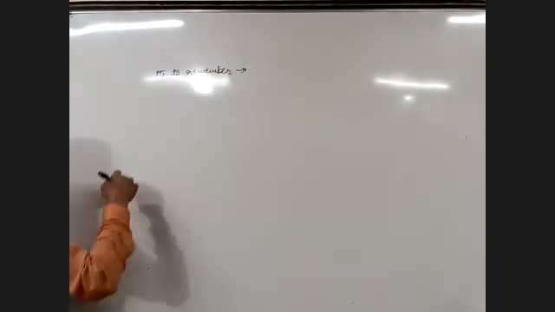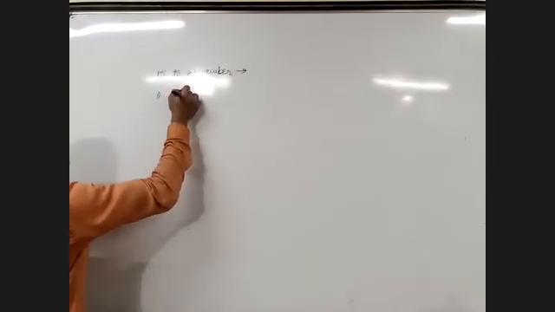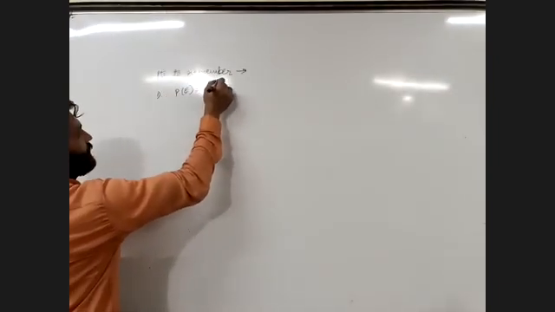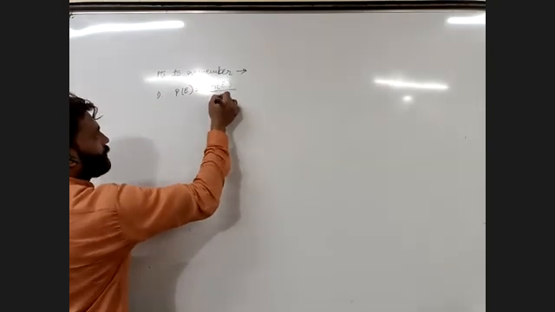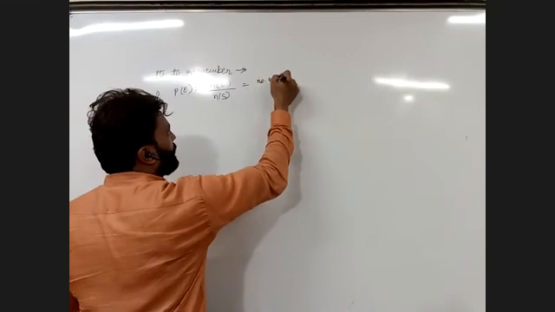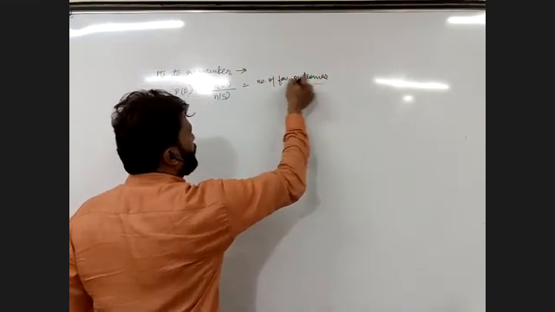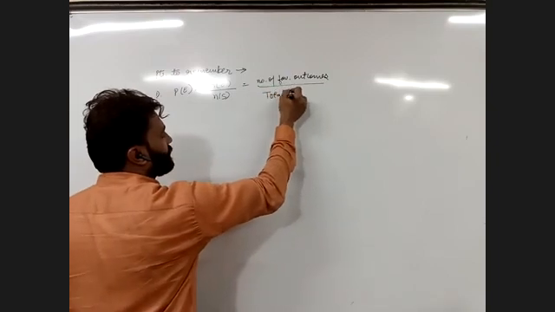Points. Look for it. The probability of occurrence of an event is n(E) upon n(S). That means number of favorable outcomes upon total outcomes.